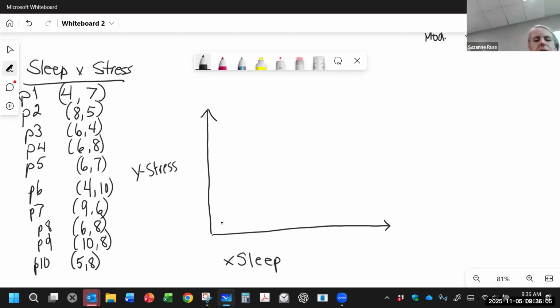The smallest score for sleep is again a 4, and the largest is 10. So we'll just evenly divide the remaining points in there. So it looks like we'll have a 6 about here and an 8 about here. And in the stress column, I see a 4 as the lowest point, and the highest point I have a 10.